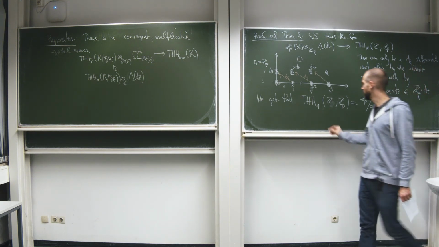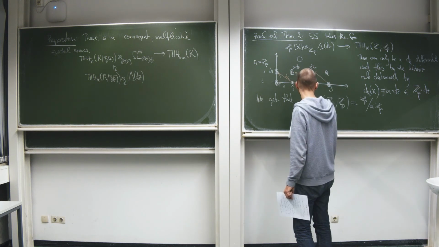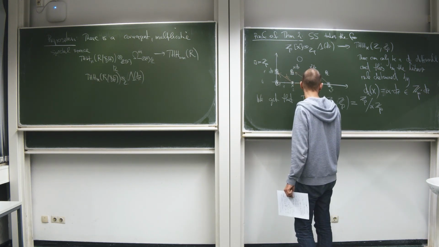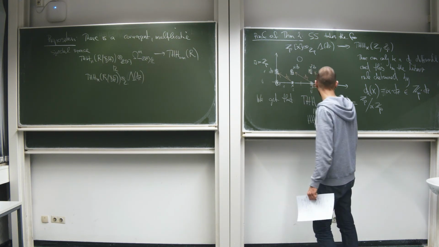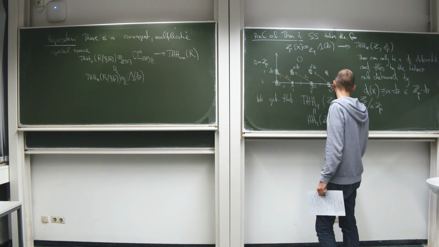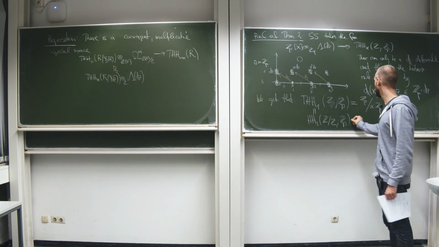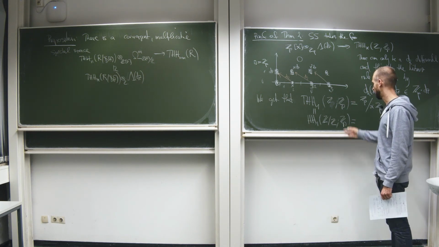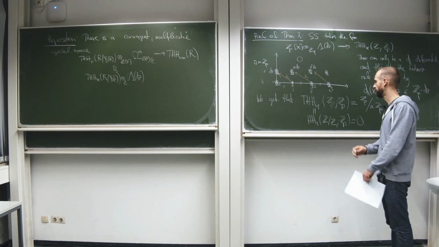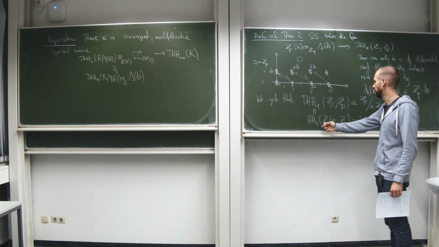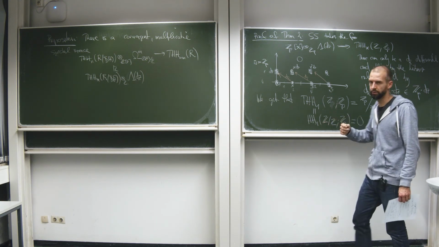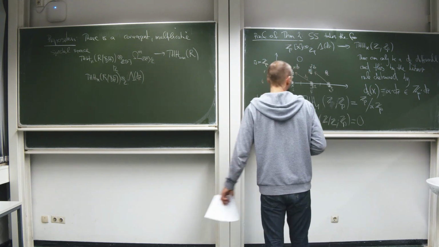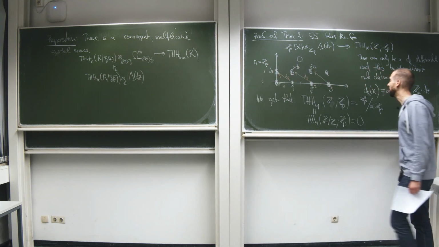But then we also know, by what we proved earlier in the course, this is the same as H_1 of Z relative Z, with p-adic coefficients. But this is, of course, the same as the Kähler differentials, which is 0. Or said differently, Hochschild homology of Z relative Z is just concentrated in degree 0, so it vanishes in degree 1. Okay, so this is 0.